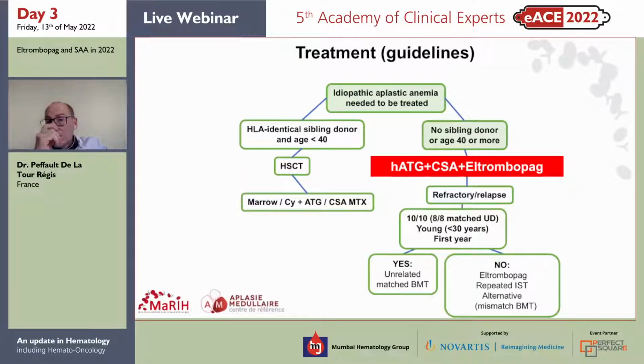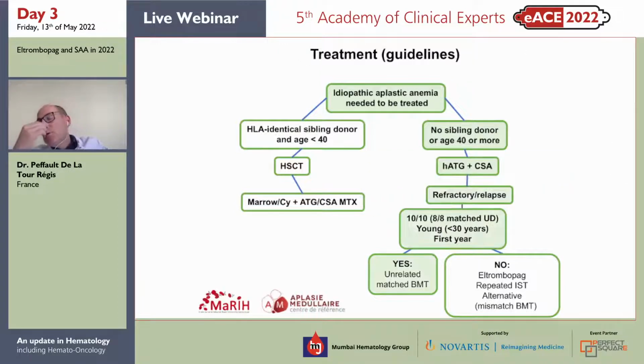So just to summarize, the reference treatment for patients who have no sibling donor and are not eligible for transplantation upfront is ATG plus cyclosporine plus eltrombopag. We might, of course, discuss whether eltrombopag should be given at D0 or D15, and how long patients should be exposed to it. Those things are not yet set in marble, so that might be part of the discussion.